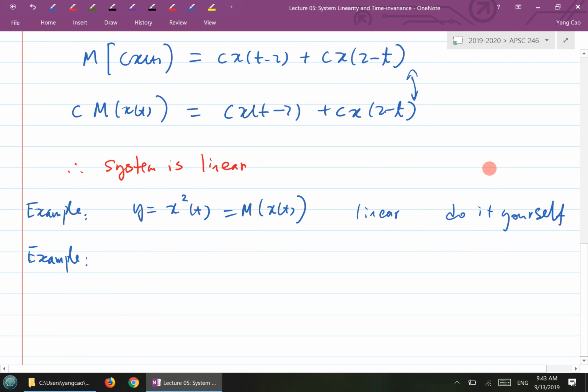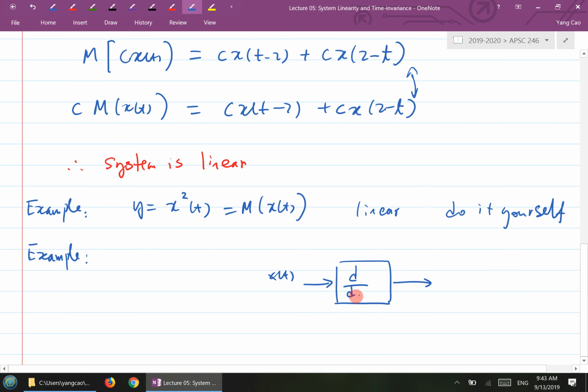So let's look at this system here. I think I have actually listed this system. It's a very simple system, which is basically d over dt, what we call a differential operator, or derivative.